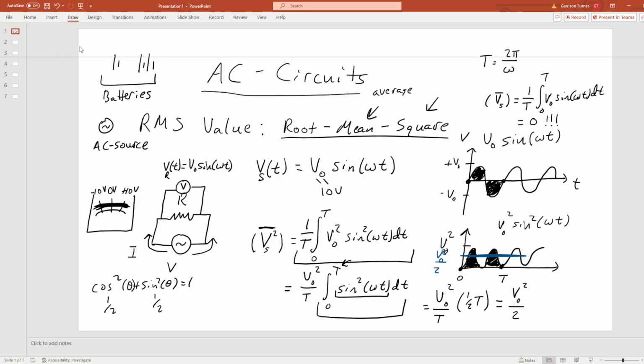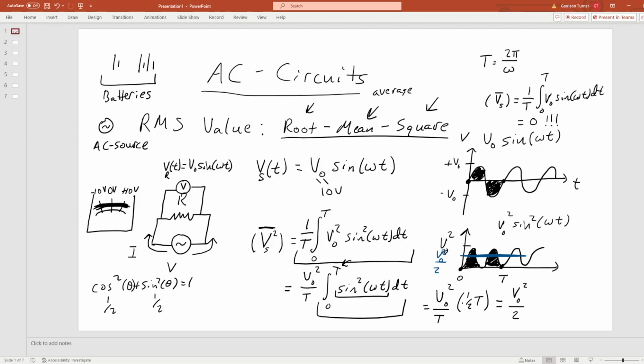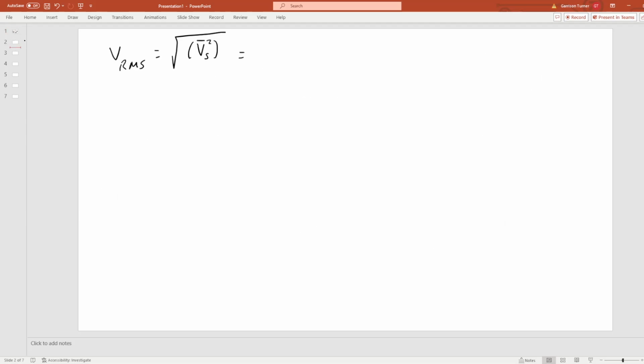And then the last step in the process is to take the square root. Okay? So V RMS is equal to the square root of the time average of the square of your voltage signal. Okay? And so the time average of the square of our voltage signal was V naught squared over 2.